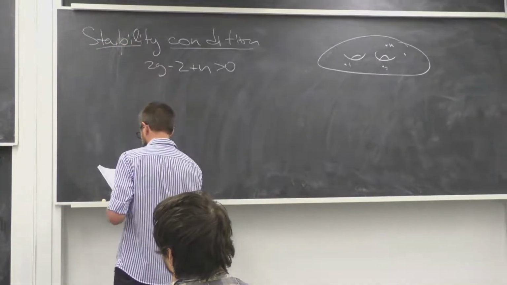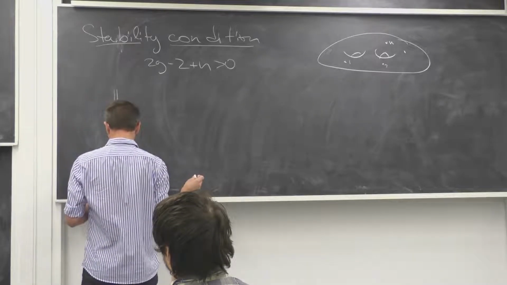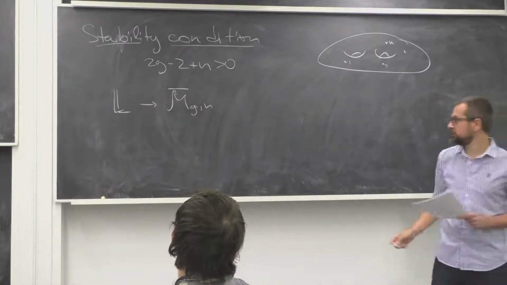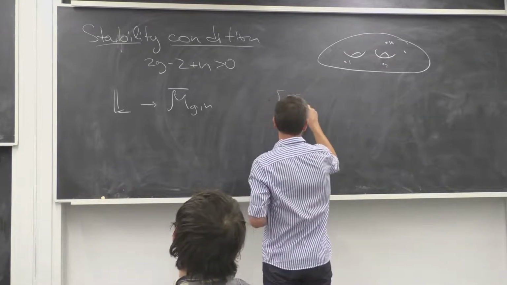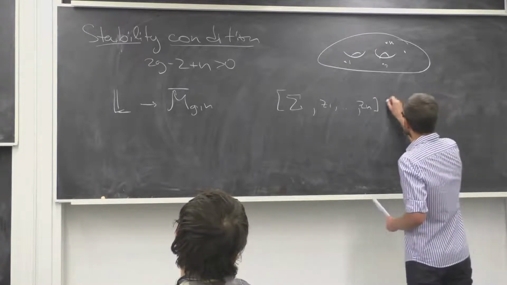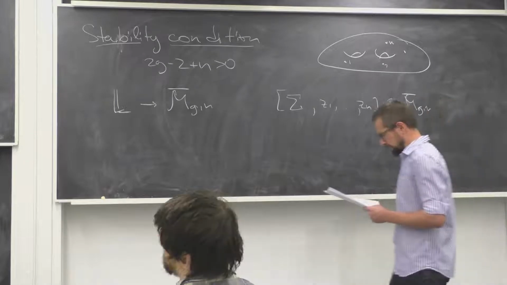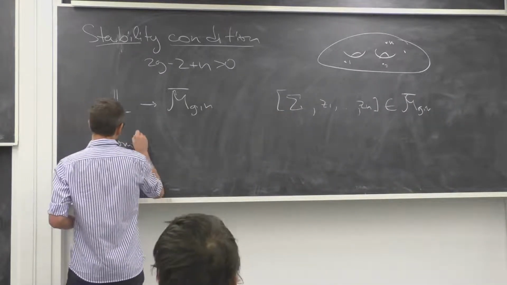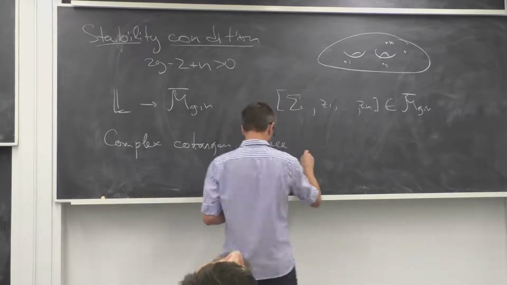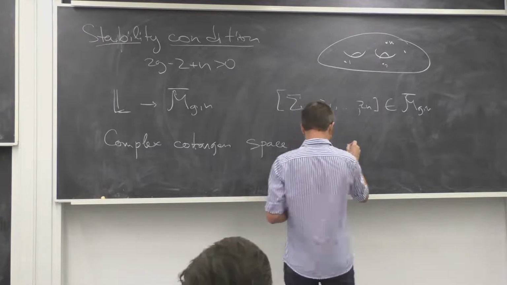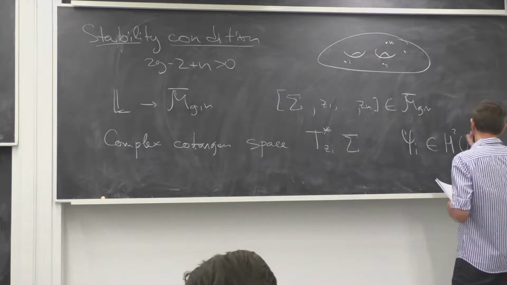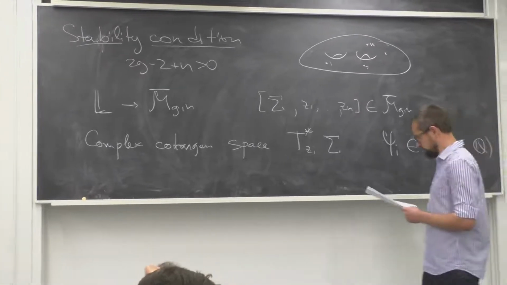For each marked point, I consider the line bundle L_i, whose fiber over a given point sigma of the Riemann surface, with z_1 through z_n the set of marked points, is given by the complex cotangent space of sigma. And psi_i is the first Chern class.